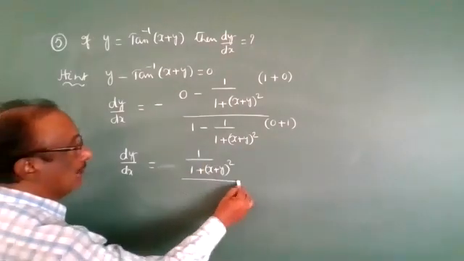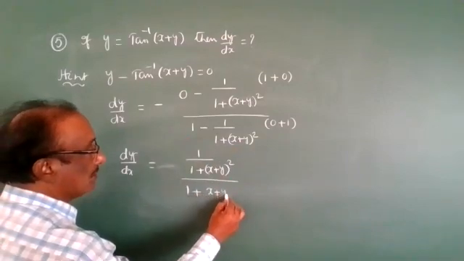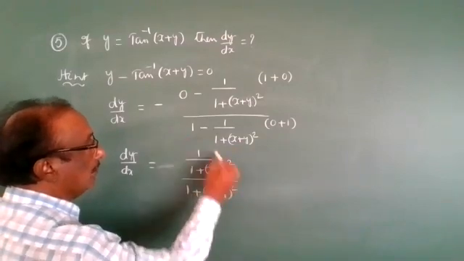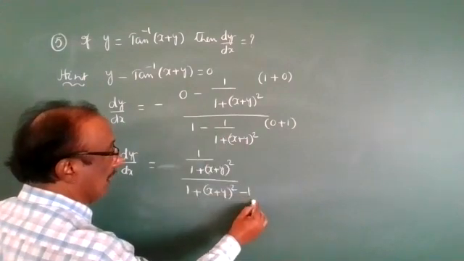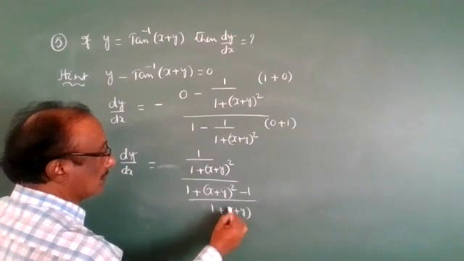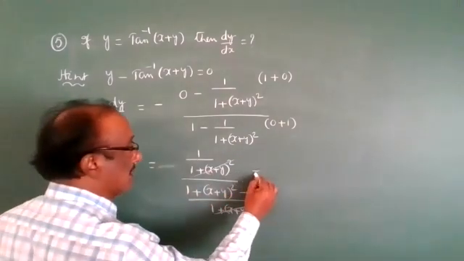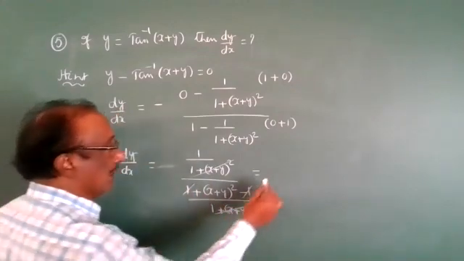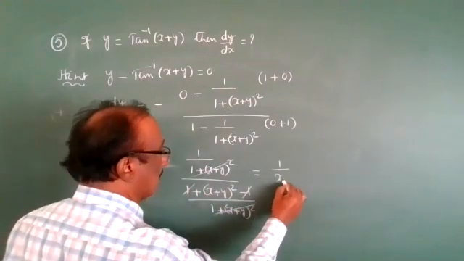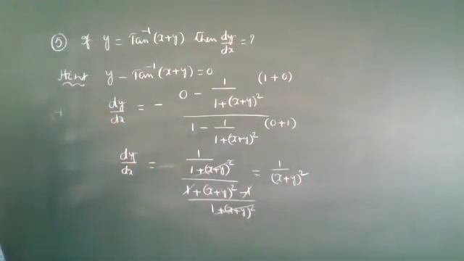In the denominator take the LCM: 1 plus (x plus y) whole square minus 1 by 1 plus (x plus y) whole square. These two are cancelled, and the 1 is cancelled. The answer is 1 by (x plus y) whole square. Problem finished.